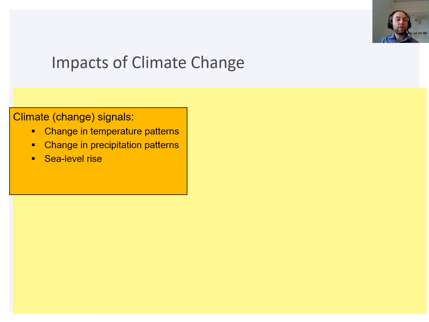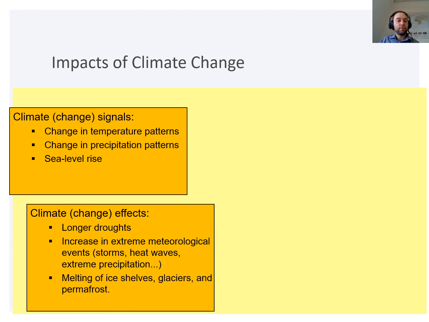Out of these climate signals, we can also take as a consequence climate change effects. So out of precipitation patterns, for instance, longer droughts, or an increase in extreme meteorological events, storms, heat waves, extreme precipitation, or extreme heat, or also, for instance, melting of ice shelves, glaciers, and permafrost.